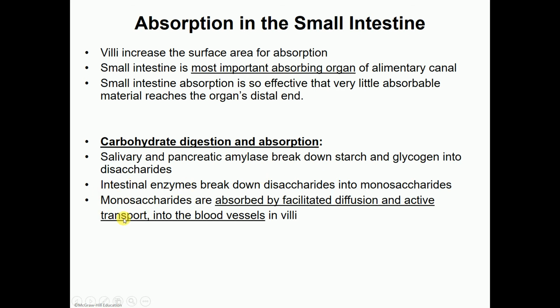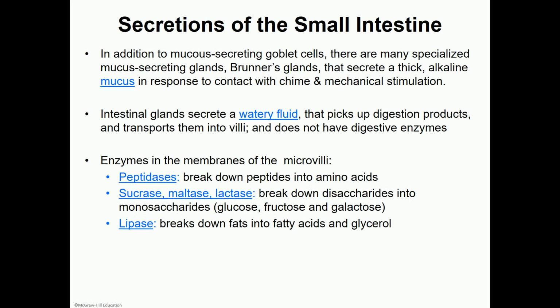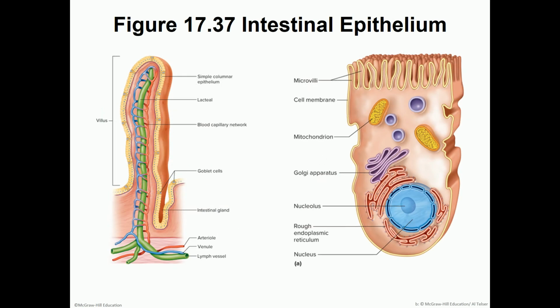Monosaccharides are eventually what we can absorb, and those are absorbed by either facilitated diffusion or active transport, directly into the blood vessels found in the villi. So let's take a look at what the villus looks like. Your monosaccharides will be absorbed straight into the capillaries of the villus.